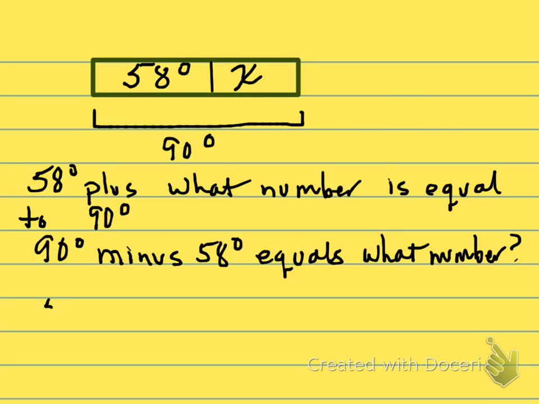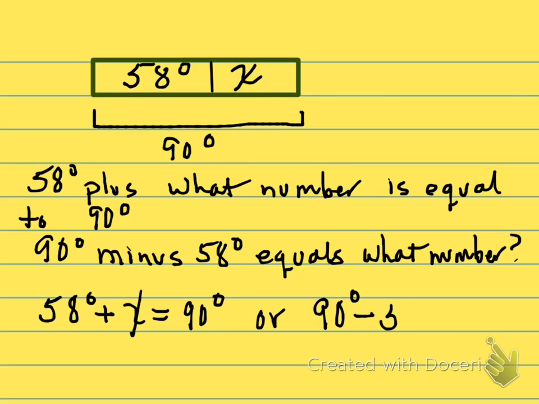I can write 58 degrees plus x equals 90 degrees, or I can say 90 degrees minus 58 degrees equals angle x. I'm going to go ahead and let you solve that. Why don't you solve and tell me, what does x equal?